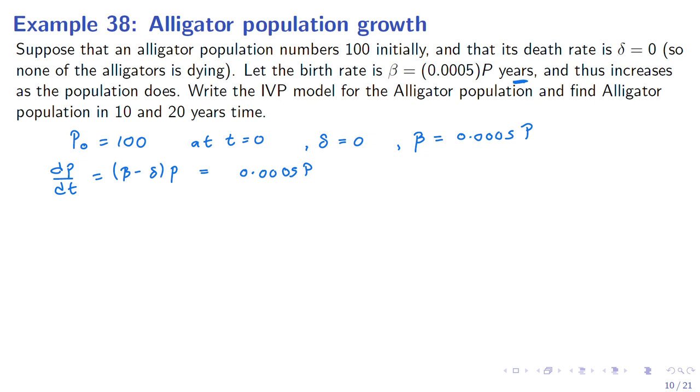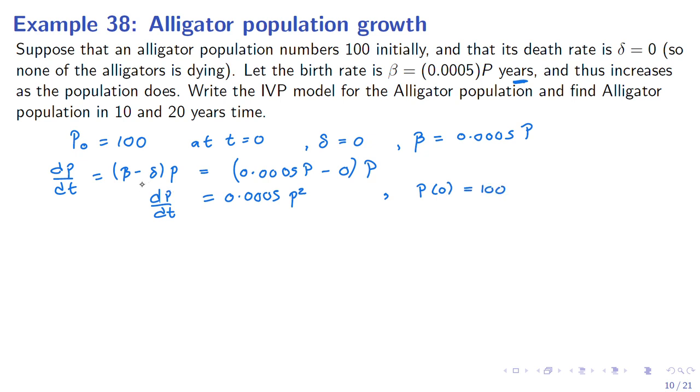I deleted some of the wrong stuff and I'm going to start again. So beta is 0.0005 times P. That's our beta minus delta is 0 times P, or 0.0005 P squared. So that's the ODE, dP/dt. And then our initial condition P of 0 is 100.